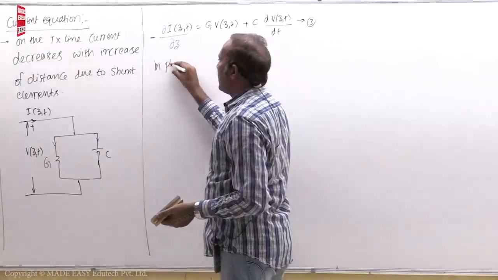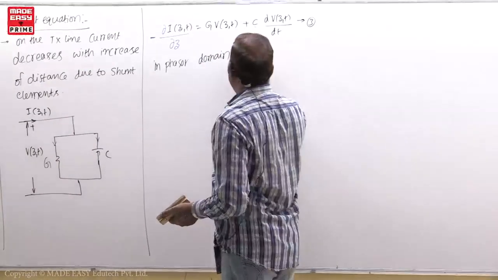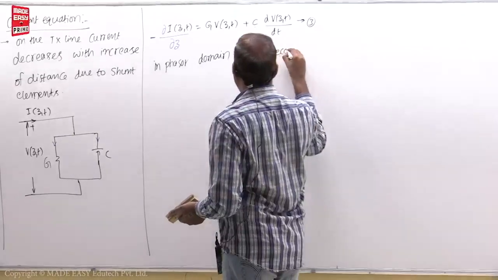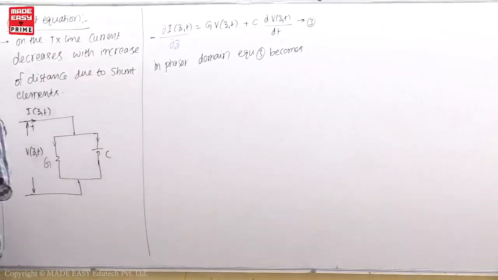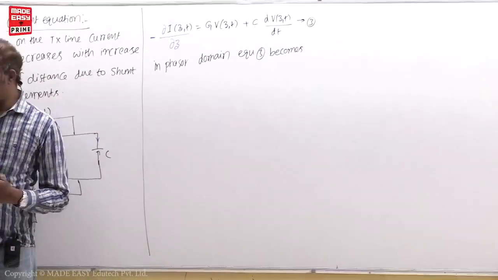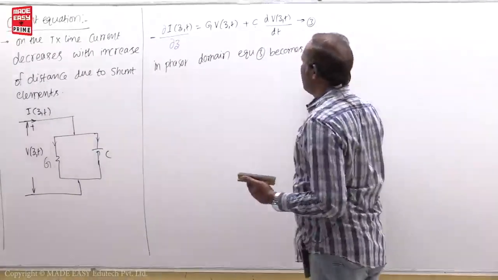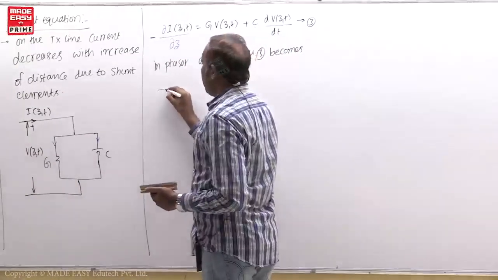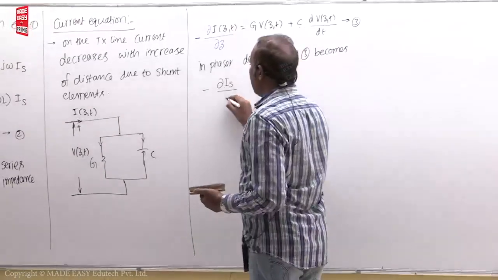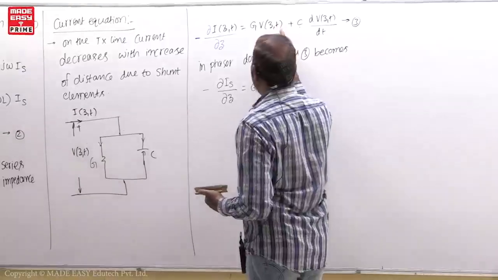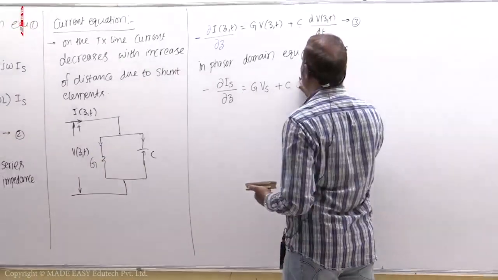In the phasor domain, or the steady state domain, equation 3 becomes: dou Is by dou z is equal to minus of g into Vs plus C into j omega Vs, since d by dt becomes j omega.